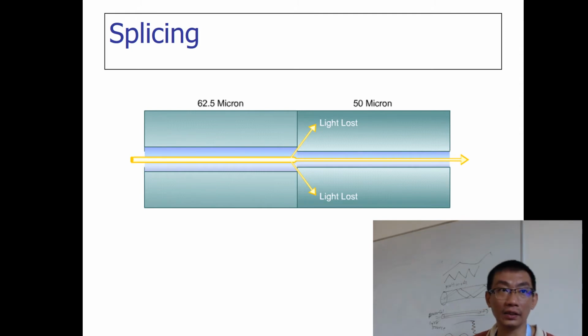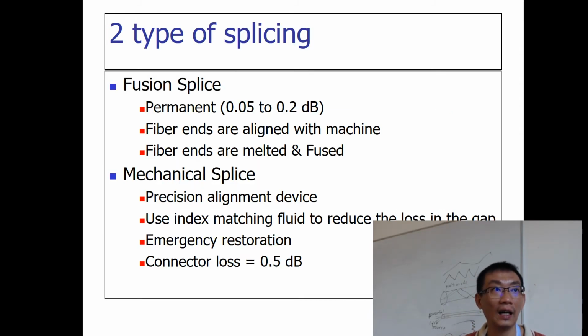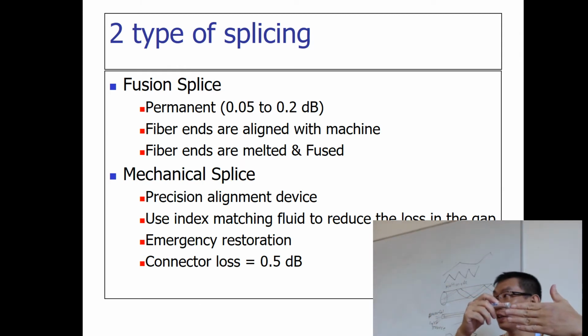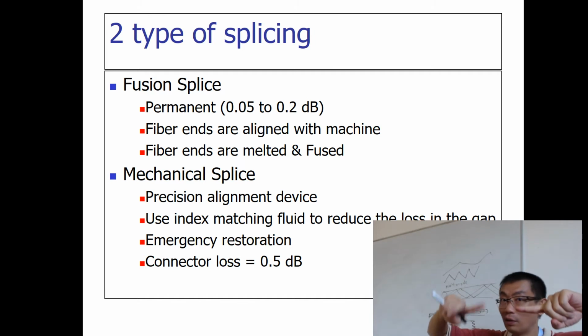Then the next thing is splicing. You have two types. One is fusion splicing. After you have cut the fiber and polished it, you need a machine, because the fiber is so small, isn't it? You put one fiber here and one fiber here.